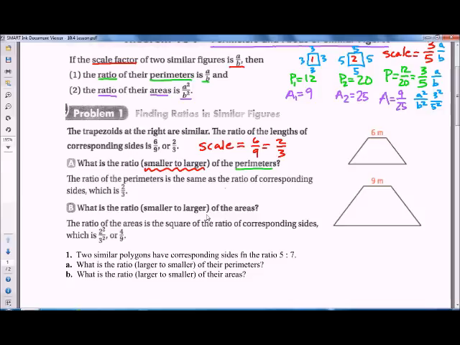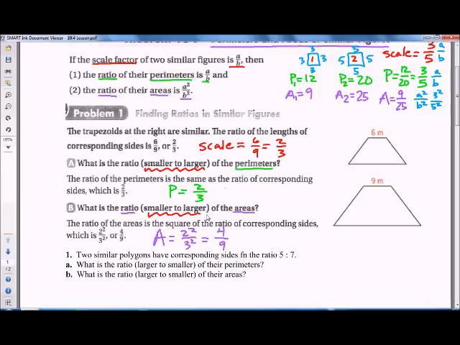We know that the perimeter ratio is the same as our scale factor, so that's just going to be a ratio of 2 to 3. Now the next part asks us to find the ratio, smaller to larger, of the areas. We know that the area ratio is our scale factor squared. So 2 squared to 3 squared. Our area ratio is 4 to 9.